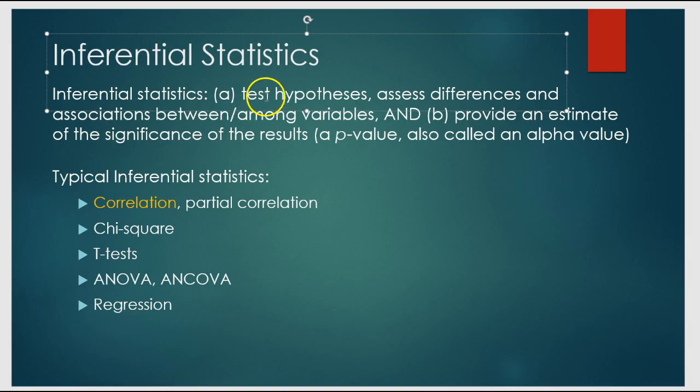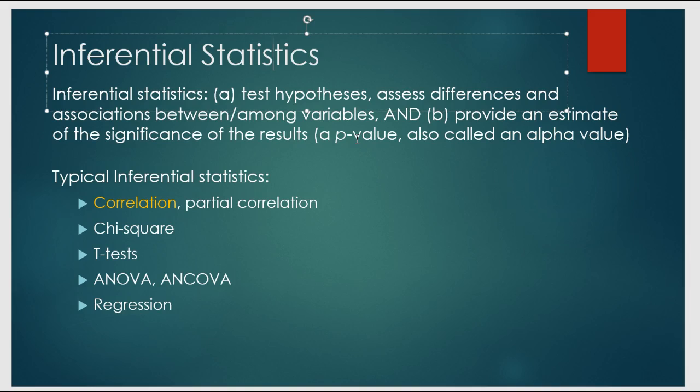So for example, are these two variables related or are they associated? And when we do inferential statistics, we typically get this estimate of whether these results are significant. So we talk about this idea of a p-value, sometimes called an alpha value.